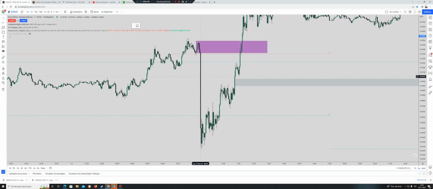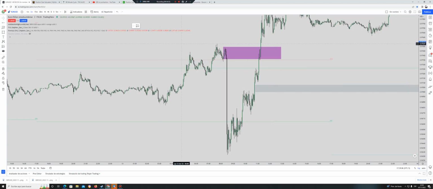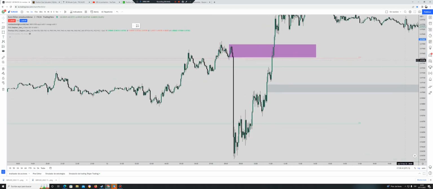They were selling here, selling here, or they are now going to try to sell here, because they see the order block, they see the balance, they see all of it.